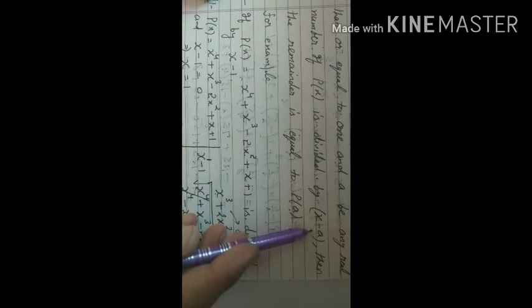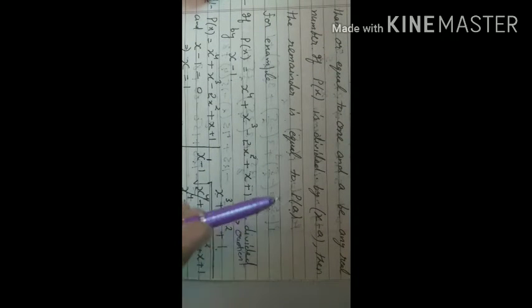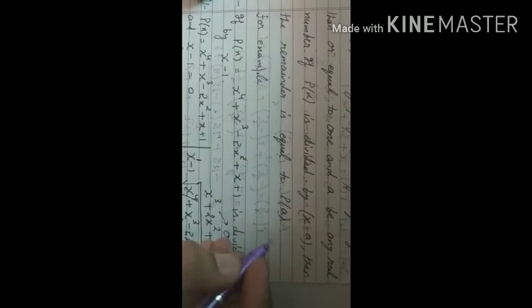And according to the theorem, if P(x) is divided by x minus a, like P(x) is this, and x minus 1 is x minus a, then P(a) means when we put x minus a equal to 0, then x is equal to a.